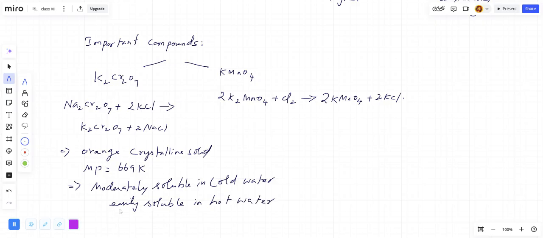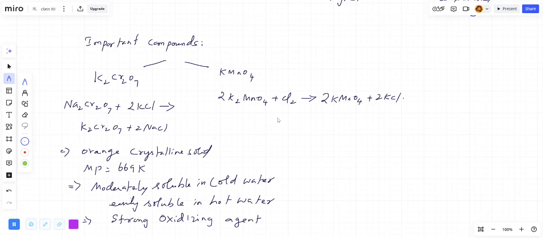It is a powerful, strong oxidizing agent. So these are the important properties of potassium dichromate.